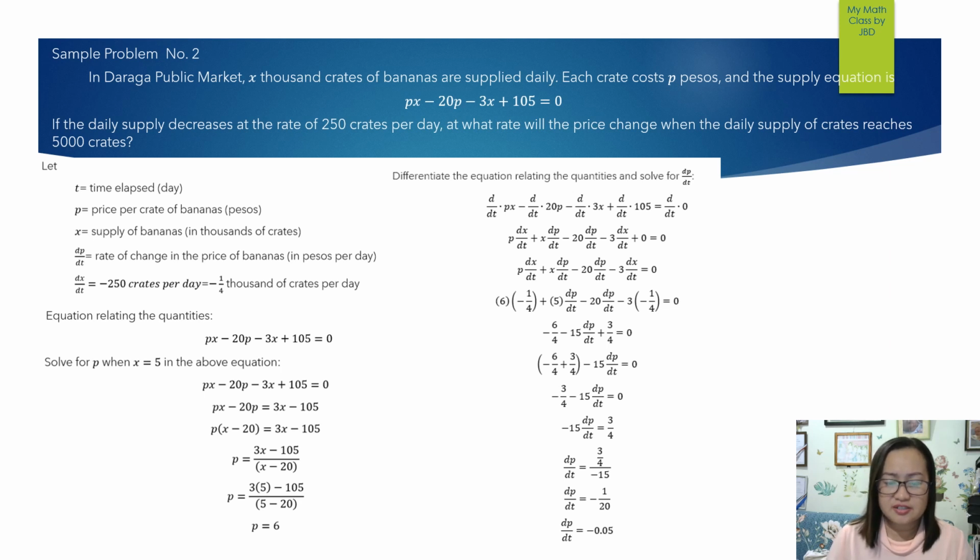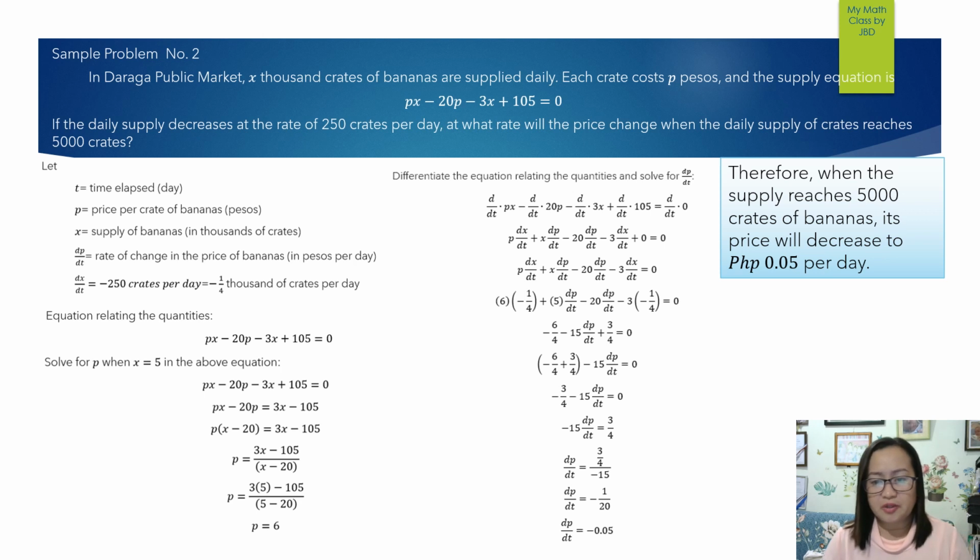So with this, we can say that when the supply reaches 5,000 crates of bananas, its price will decrease by 5 centavos per day.